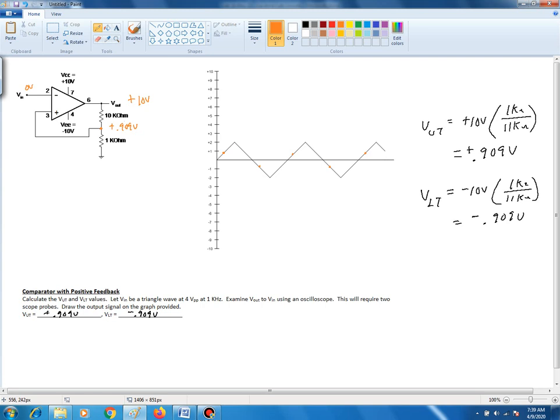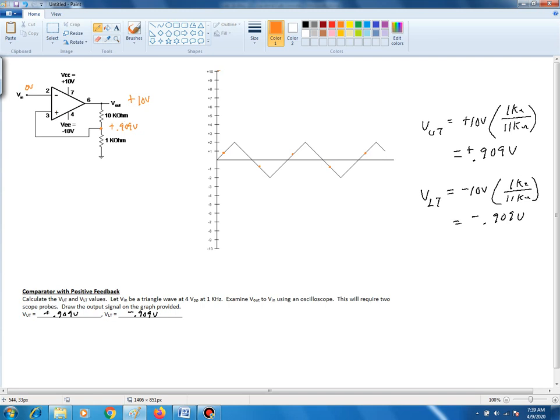As your Vn is climbing up, because the triangle wave, that first part starting at the origin, is ramping up, the Vn is going to have to go above positive 0.909 to cause the Vn negative to be greater than your Vn positive. When your Vn negative input becomes greater than your Vn positive input, that's when you're going to negative saturation. So therefore, you must inherently be starting out in positive saturation.